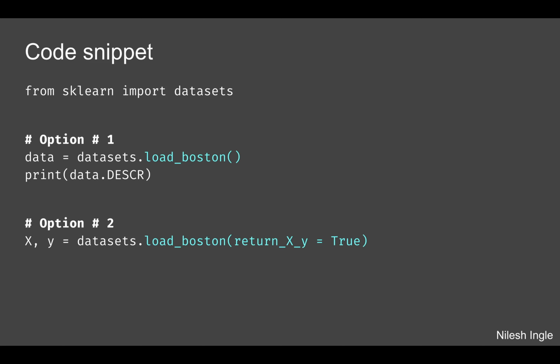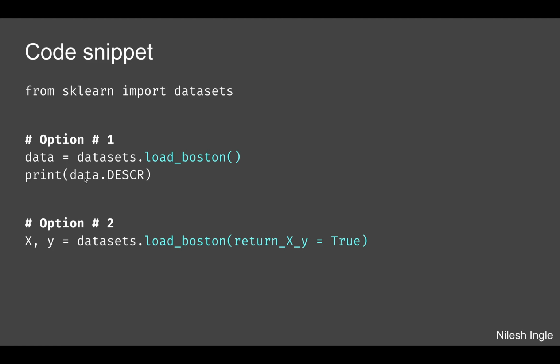Now, to use all these datasets, it's pretty simple and straightforward in Scikit-learn. There are two options by which we can load these datasets. First we need to import the library, from sklearn import datasets, and then the first option is we can write data equal to datasets.load_boston. And if we are using, say, the digits dataset, then we'll just simply replace this by load_digits, and so on for the rest of the datasets.